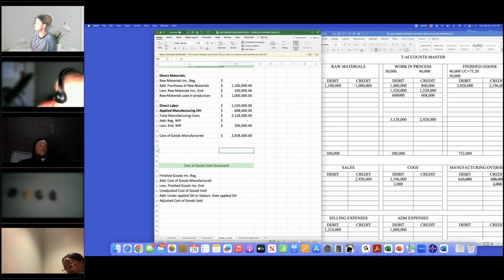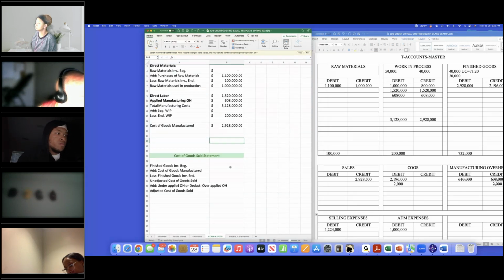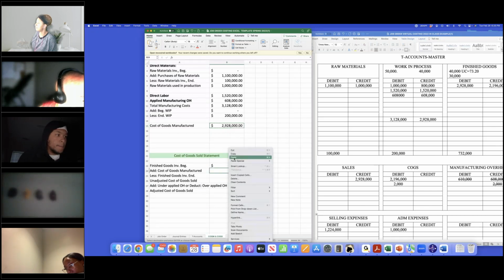Okay. Now let's see if we can do a cost of goods sold statement. We didn't have any beginning finished goods. That was 0. Then we're going to bring down our cost of goods manufactured. So we just bring that number down.